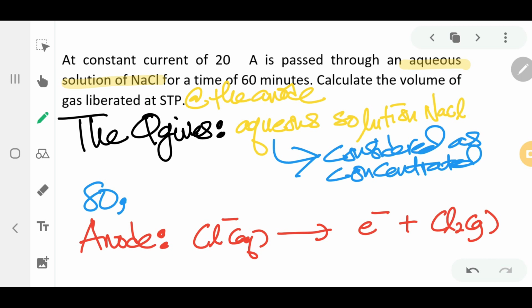To balance this out, you're just going to put 2 here and 2 right there. So 2Cl minus aqueous to liberate or to release 2 moles of electrons plus chlorine gas. So do remember this. Okay, at the anode, this is what's going to happen now for this aqueous solution of NaCl, because this one is considered as concentrated.